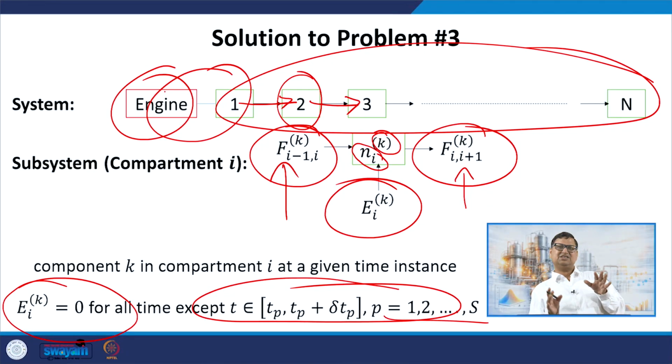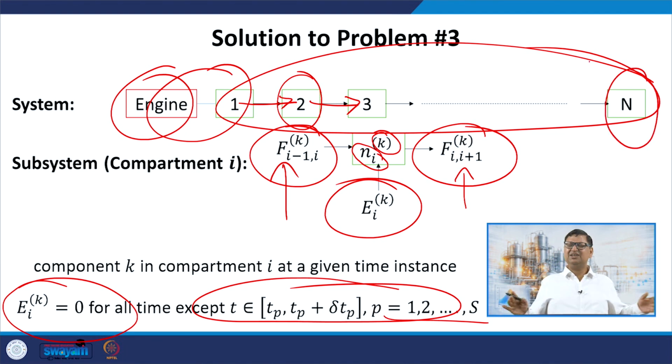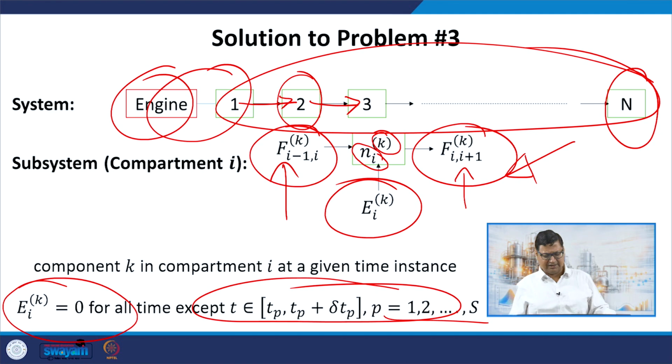So, we may write separately for the first compartment and the last compartment, but anything in between I can write the same equation. So, I have a general form written in a manner that the same equation can be applied irrespective of the compartment except the first and last one, and irrespective of what type of passengers or what type of people in the train I am looking at.